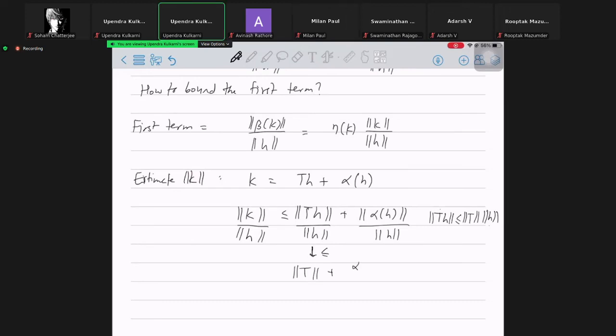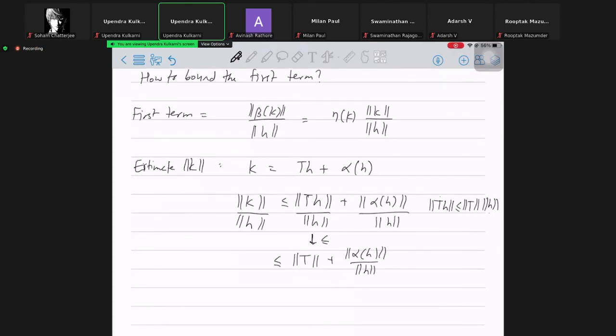And the second term is just alpha of h divided by h. That is perfectly good. I like that term because what happens to it as h goes to 0? It goes to 0, because alpha of h was obtained as the error term for the derivative of f.